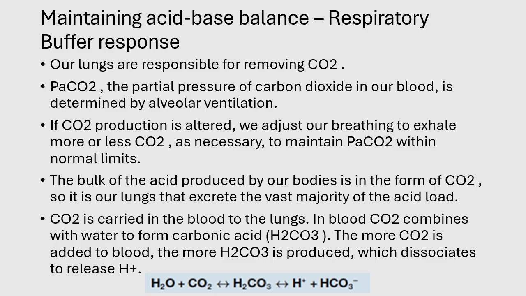If carbon dioxide production is altered, we adjust our breathing to exhale more or less carbon dioxide. The bulk of the acid produced by our bodies is in the form of carbon dioxide, and as a result, it is our lungs that excrete the vast majority of the acid load. The carbon dioxide dissociation equation shows the relationship between carbon dioxide levels and the production of hydrogen ions.